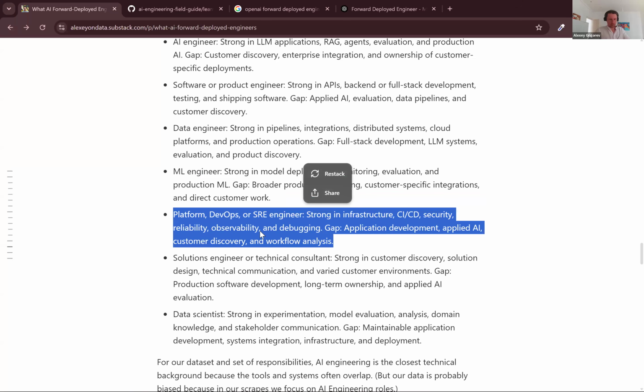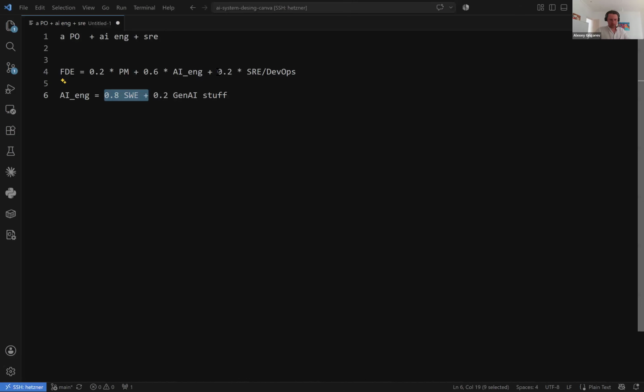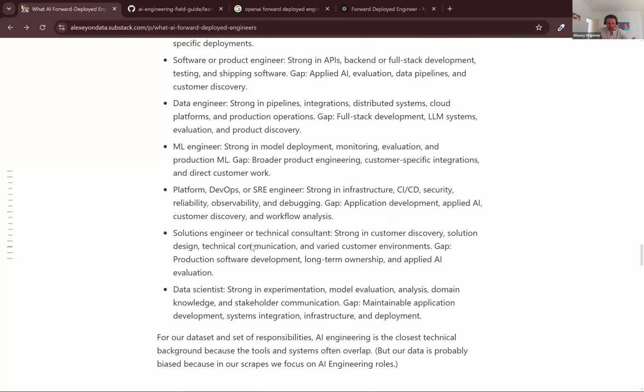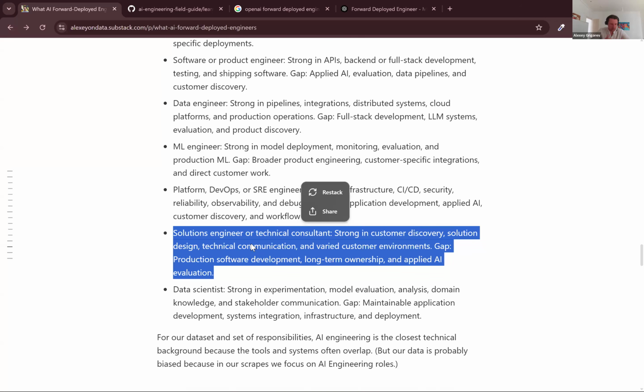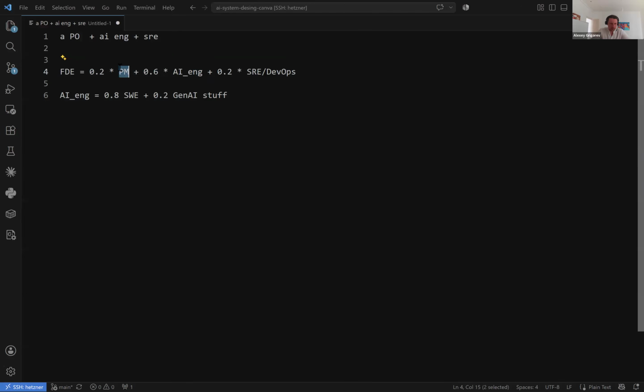Again, they're here, but they will need to work on this thing. And solution engineers, since they already have this kind of consultant experience, this is what I put as PM, but maybe I should also write consultant, because you have to understand the business problem of the customer. So you can consult.